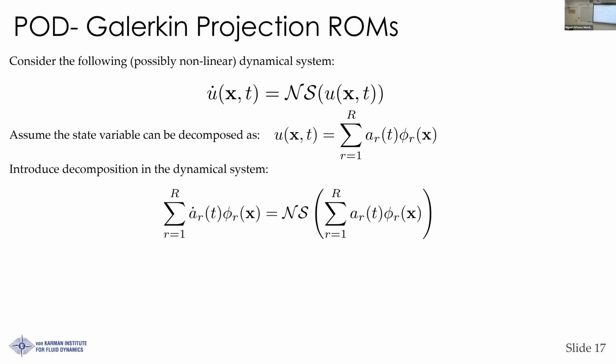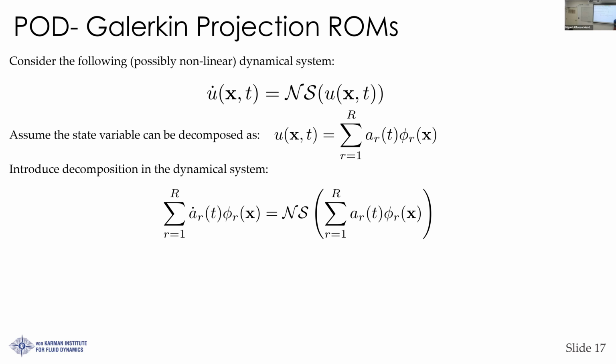What happens is something like that. So I've plugged all my summation inside this operator. If this is a nonlinear operator, we might end up with something really ugly. But on the left-hand side, the time derivative is acting only on the time coefficients and not on the spatial modes. And we said that these are orthonormal.